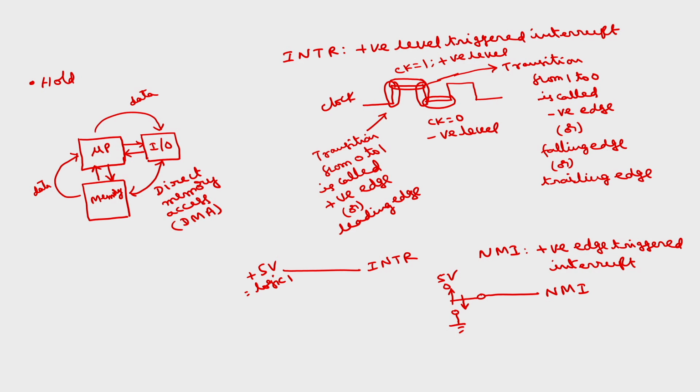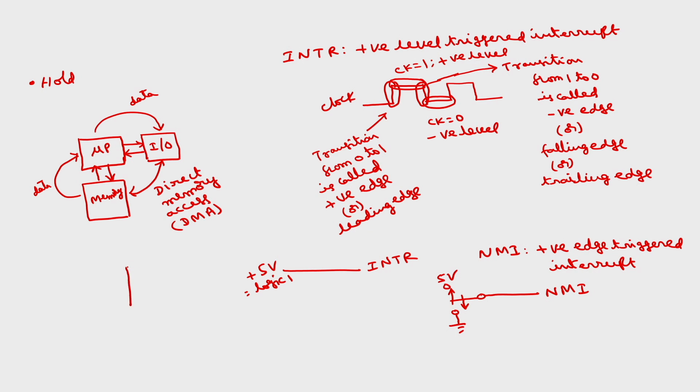We can do this direct memory access to save time, transferring the data directly from memory to IO. But what is required here is that I have to take control of the buses from the microprocessor. Even IO can transfer the data to the memory directly. This is bidirectional.